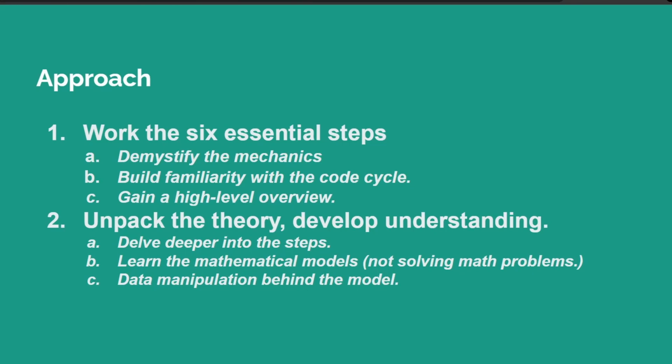We're going to demystify the mechanics of the coding life cycle. So we're going to go through all the different steps that go into it. Just to get a high-level overview, we're not going to understand everything, but we are going to watch it work. And then, once that's out of the way, we're going to unpack the theory and develop deeper understanding.